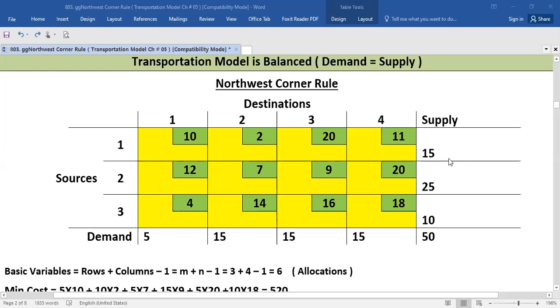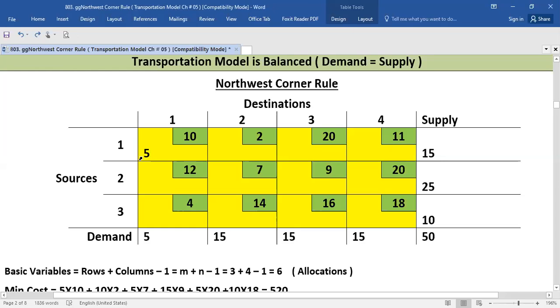Now you will check which one is minimum, demand or supply. Yes, demand is minimum, which is 5. So you will make your first allocation as 5 here.